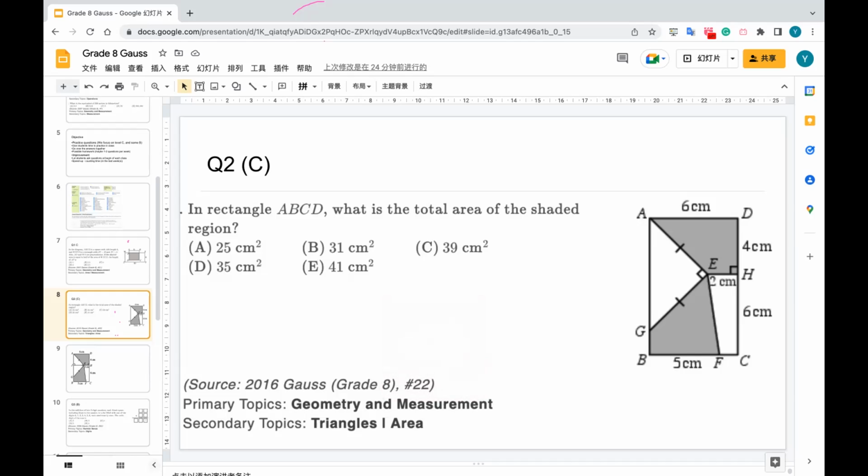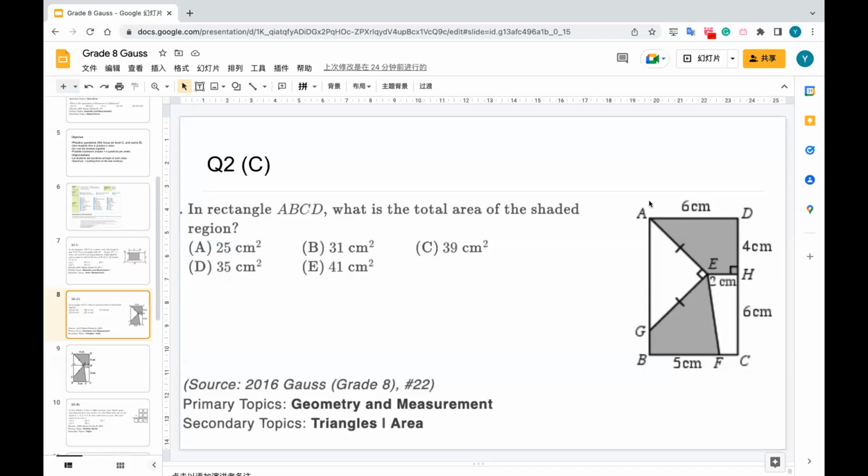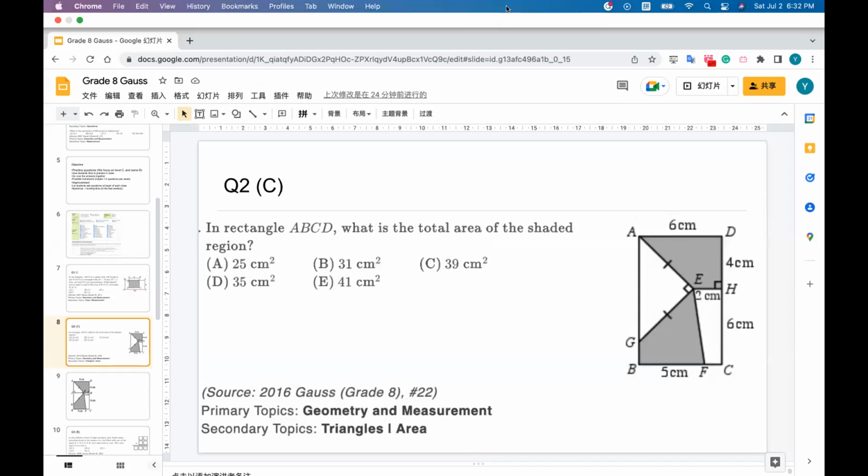So 4 times 4 is 16. I'm going to draw whatever you tell me, okay?